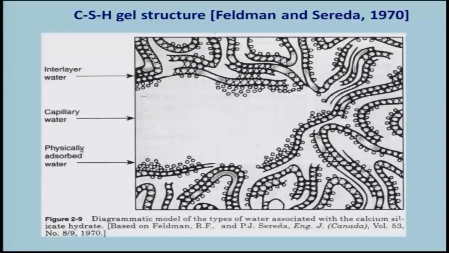Remember, we will talk about physically adsorbed water a little later. As of now, physically adsorbed water is the amount of water that is just present outside the calcium silicate hydrate gel layer.